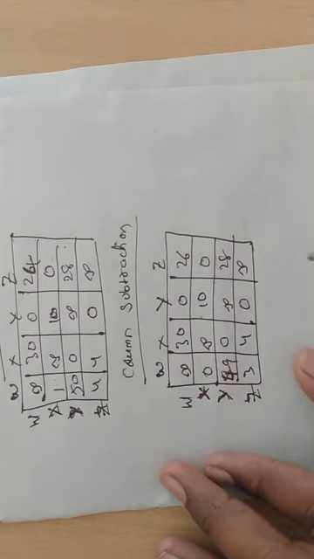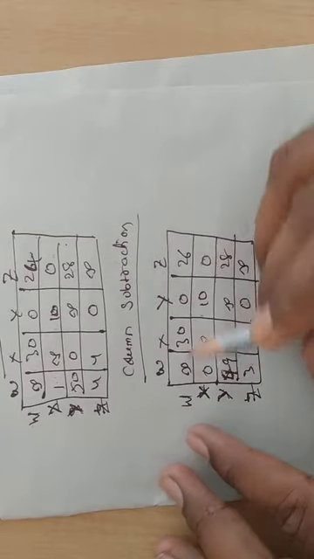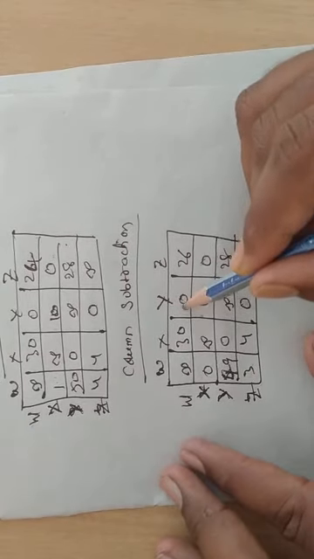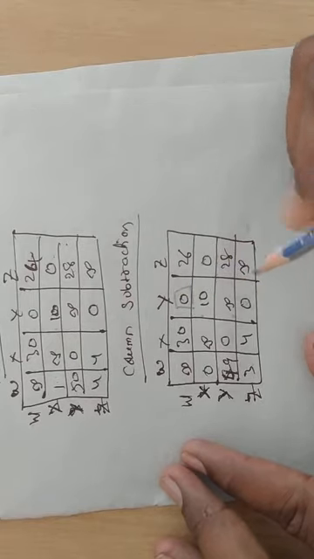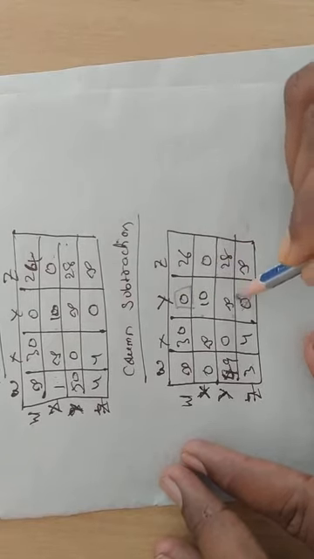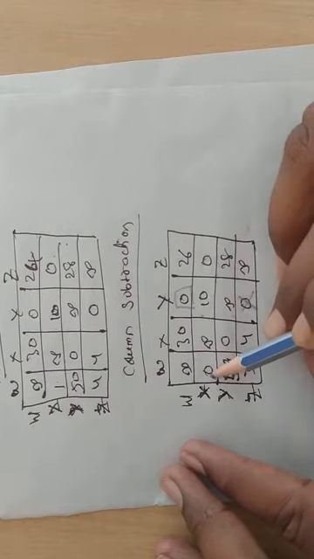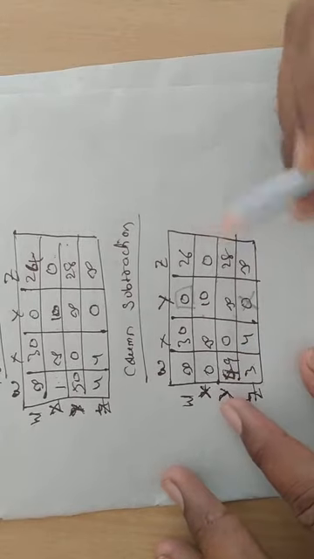After identifying the single zero, we make the assignment. The first row has a single zero, so we make the assignment. In that particular column, if any other zeros are there, we mark them. Then the second row has 2 zeros, leave this one.